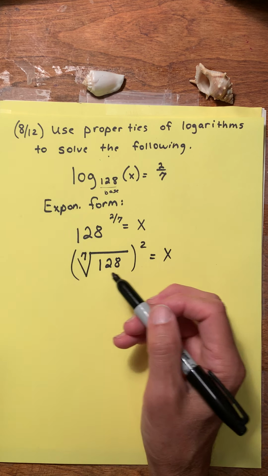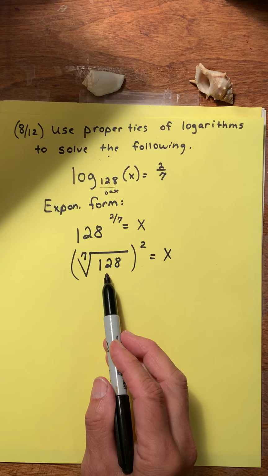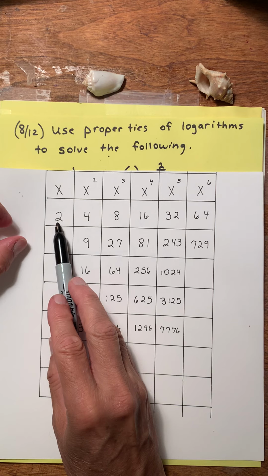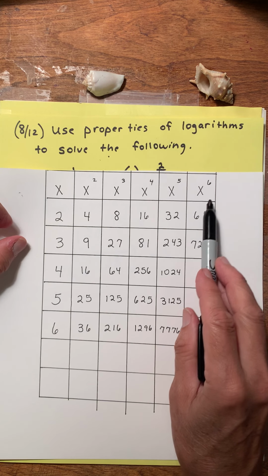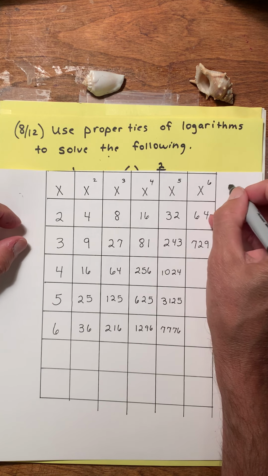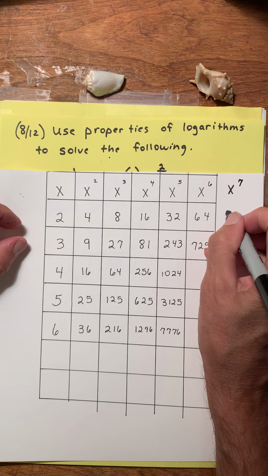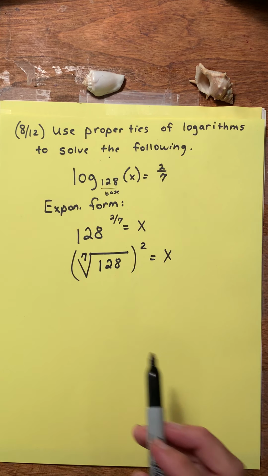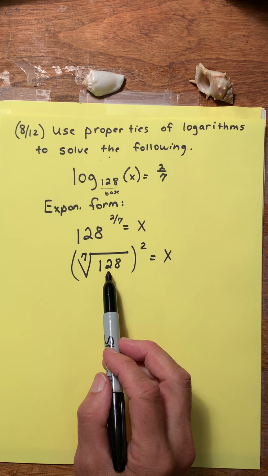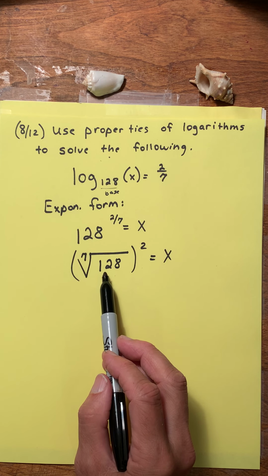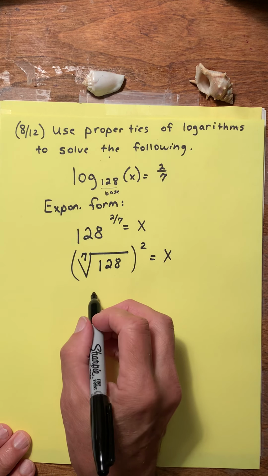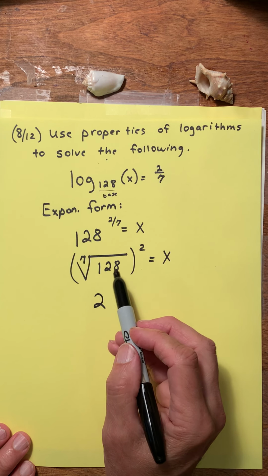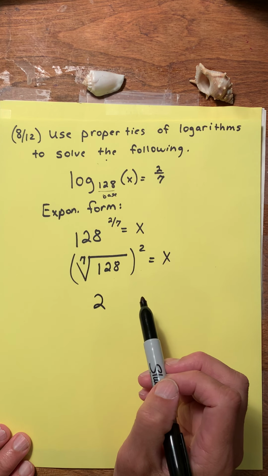Now my chart for 2 just goes up to 2 to the 6th, but 2 to the 7th is going to be 128. So 2 to the 7th power. So another way to say it, the 7th root of 128 is 2. And you can also do this with your calculator, the 7th root of 128.